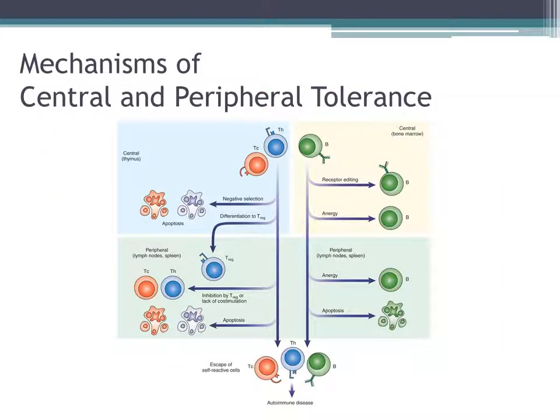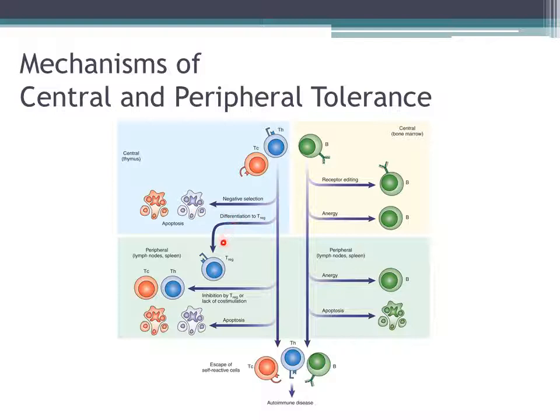This chart from your textbook does a nice job of explaining this. Basically, we have T cells on one side, B cells on the other. Up here, we have what happens with T cells in the thymus, whereby in the negative selection process, if they're self-reactive, they're removed via apoptosis.